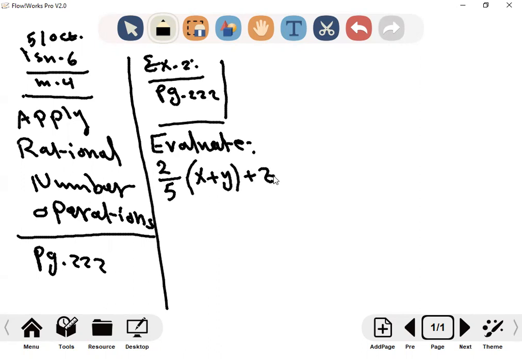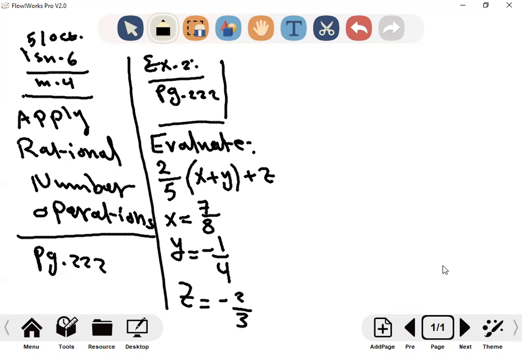X is given 7/8. Y is given negative 1/4. And z is given negative 2/3. What's the first step?